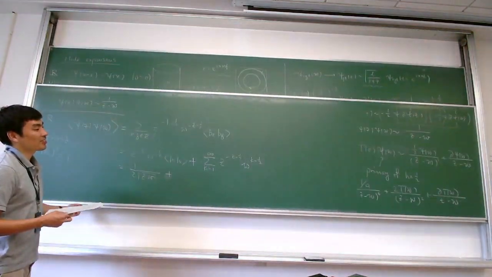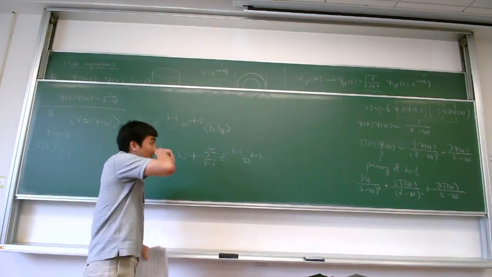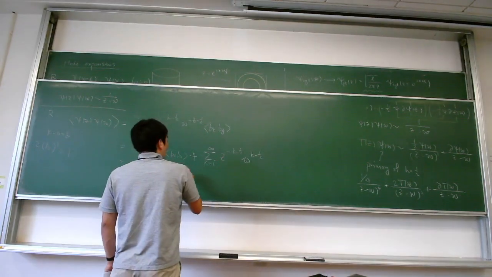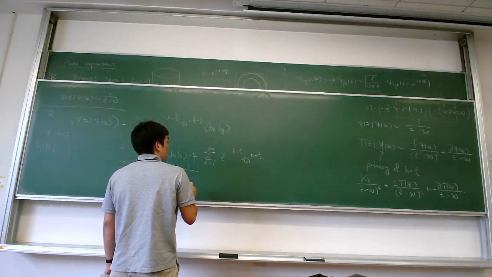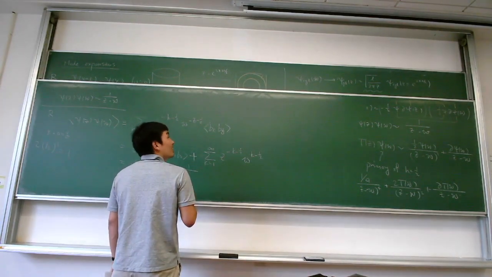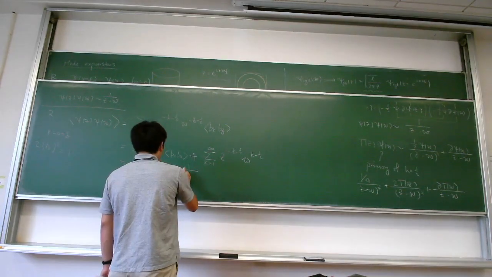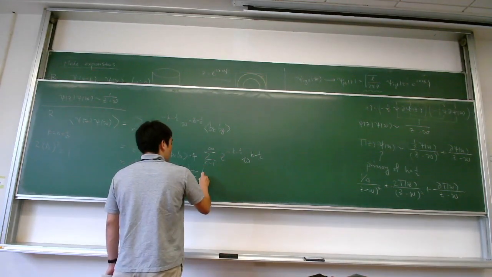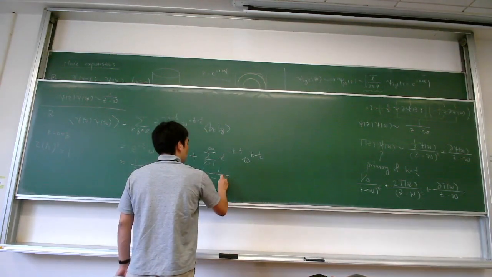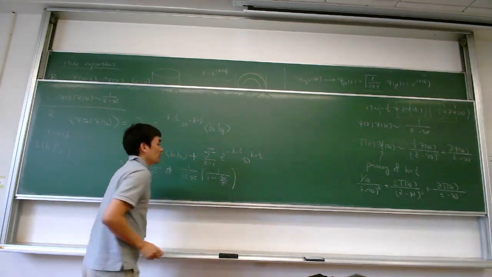So let's do it step by step in that case. So this will give you 1 over, what am I doing here? Sorry. Yeah, I think this is correct. Right?